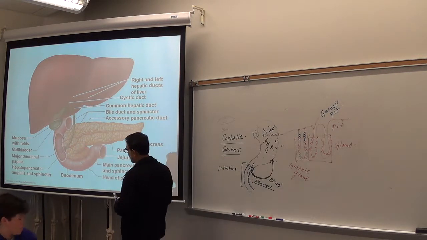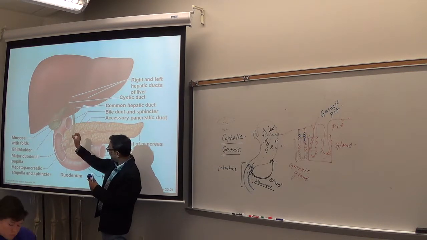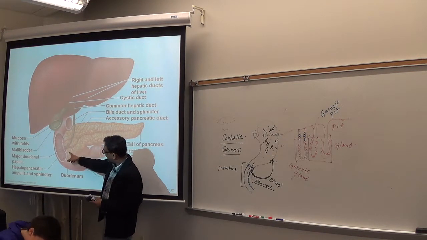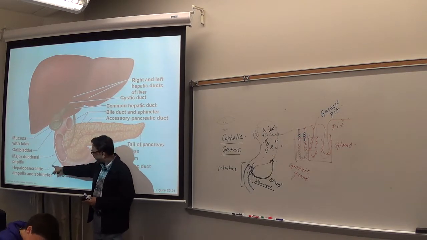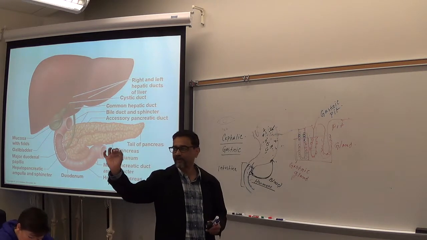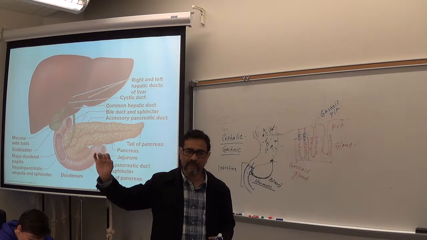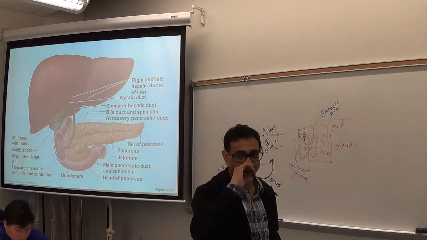They meet together, and where they meet, that area is slightly expanded, and that expanded part is called the hepatopancreatic ampulla. Remember, an ampulla is an expanded tube. When you hear that a tube is expanded, that can be termed an ampulla. Make sense?